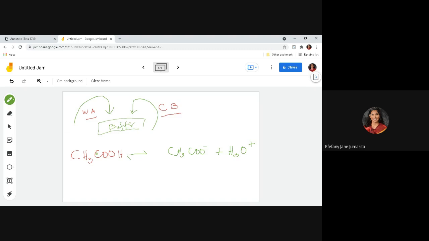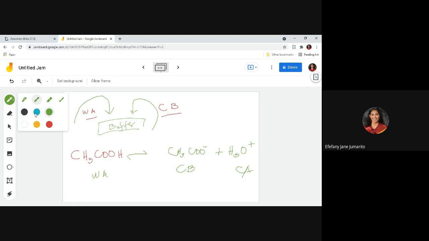Now, this is a buffer. It has a weak acid, your WA, and then the conjugate base, CH3COO minus, and then your conjugate acid. Now that is your buffer.